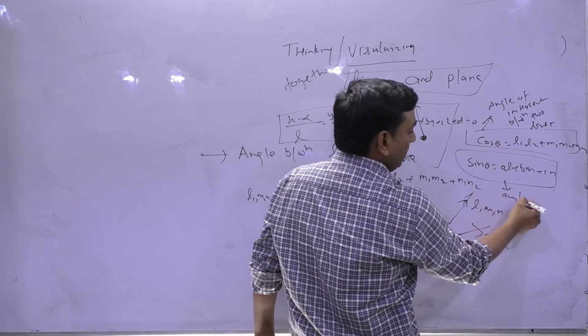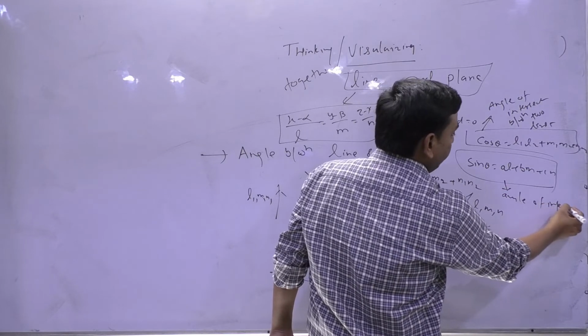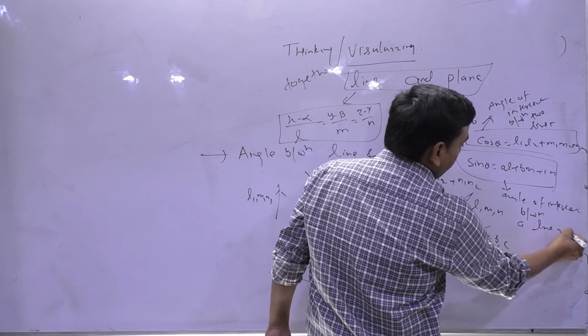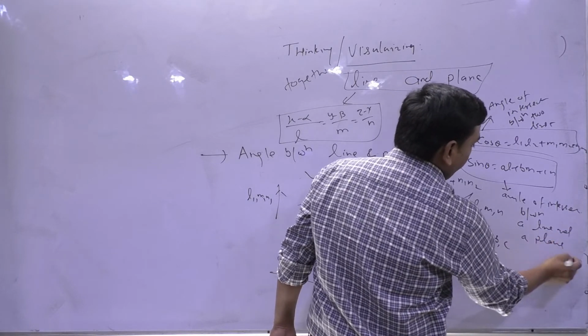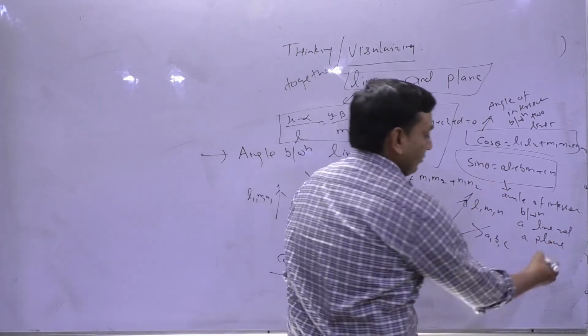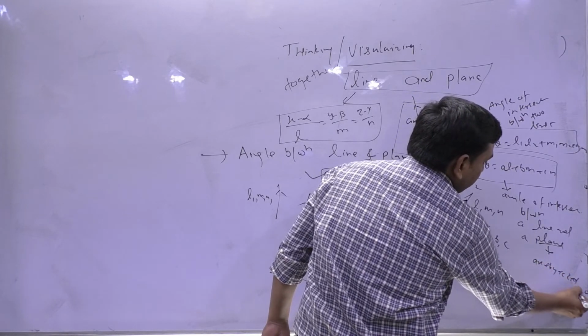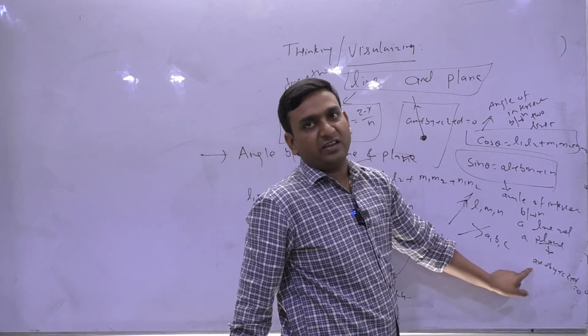This is the angle of intersection between a line and a plane. Plane, because plane usually we write the general equation as this. So usually we take DRS as ABC.